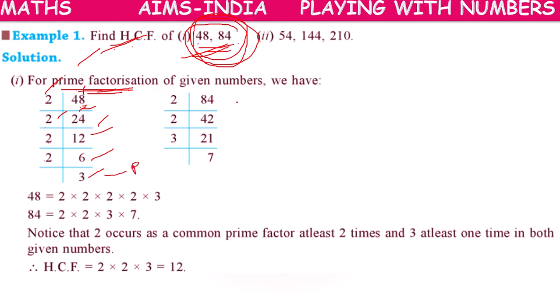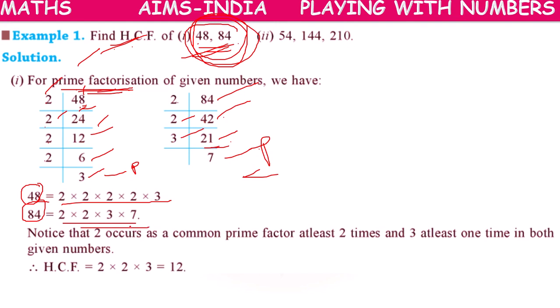In the same way for 84: divisible by 2, 42; 42 divided by 2 is 21; 21 divisible by 3, 7. 7 is a prime number, so we can stop the division. So we have written the prime factors for 48 and for 84.